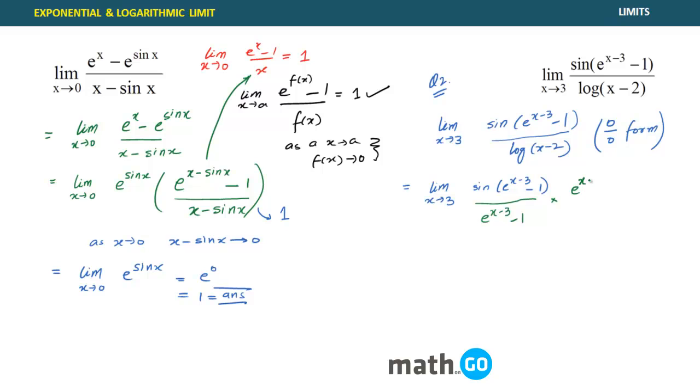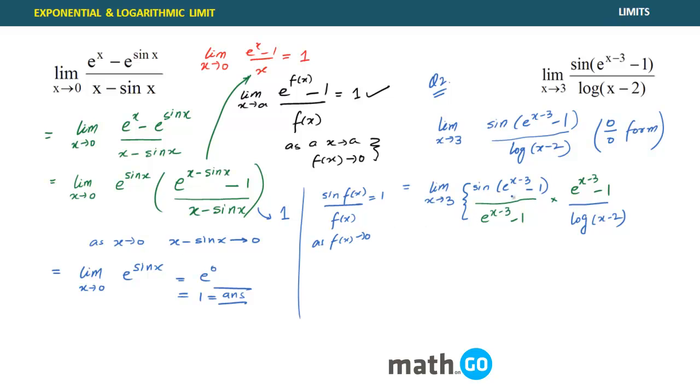Is there any problem? I multiply and divide by the same particular quantity, and for the time being we'll just leave this x minus 3 as it is. So what will be this particular value? This reduces to sin f(x) by f(x), and we know the answer to this is 1 as f(x) approaches 0.